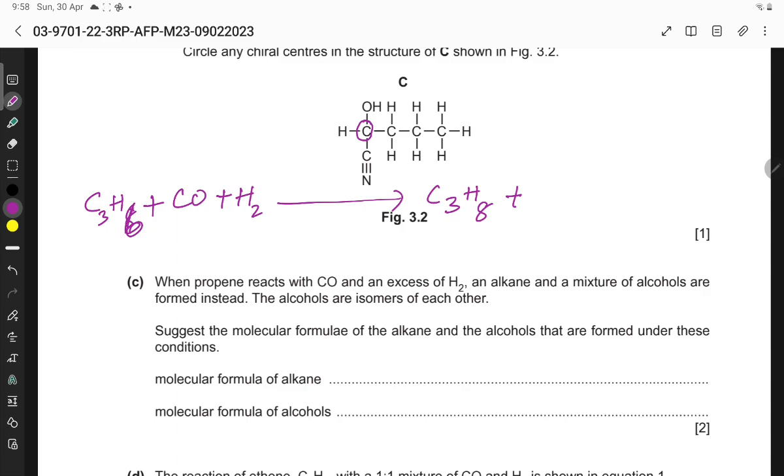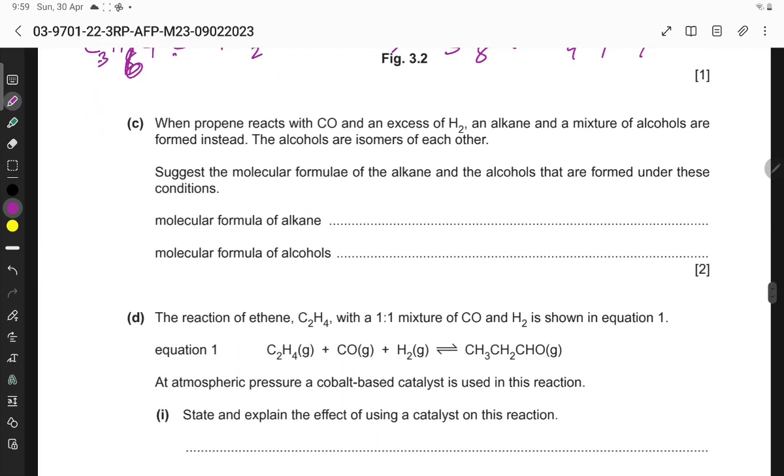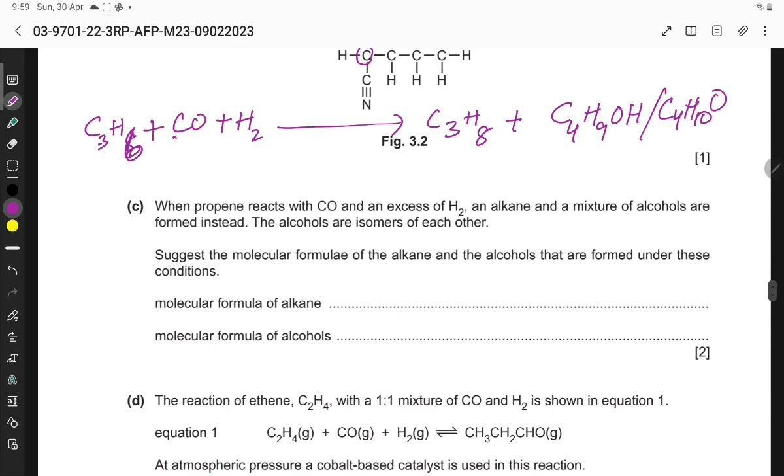So that is 3 carbon plus 1, 4, so that is C4H9OH or C4H10O. So the molecular formula of alkane is C3H8 and C4H10O.